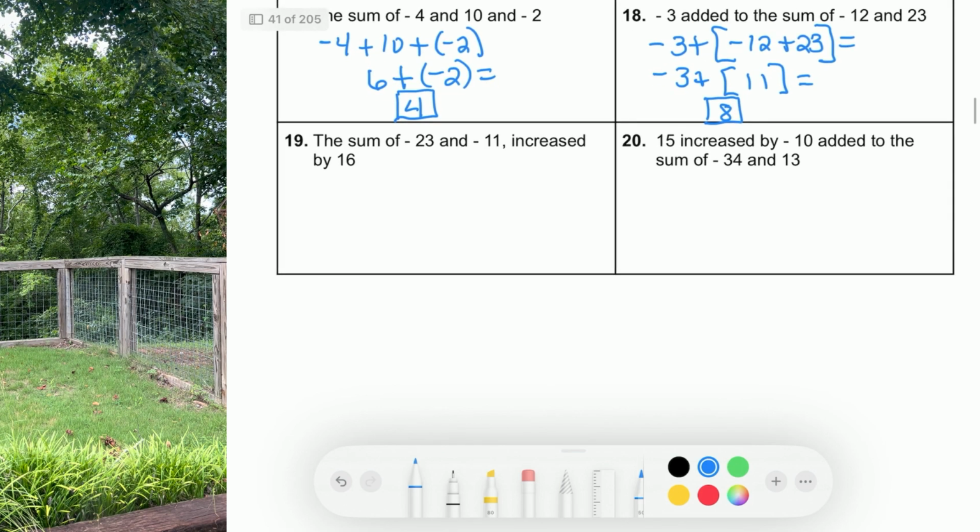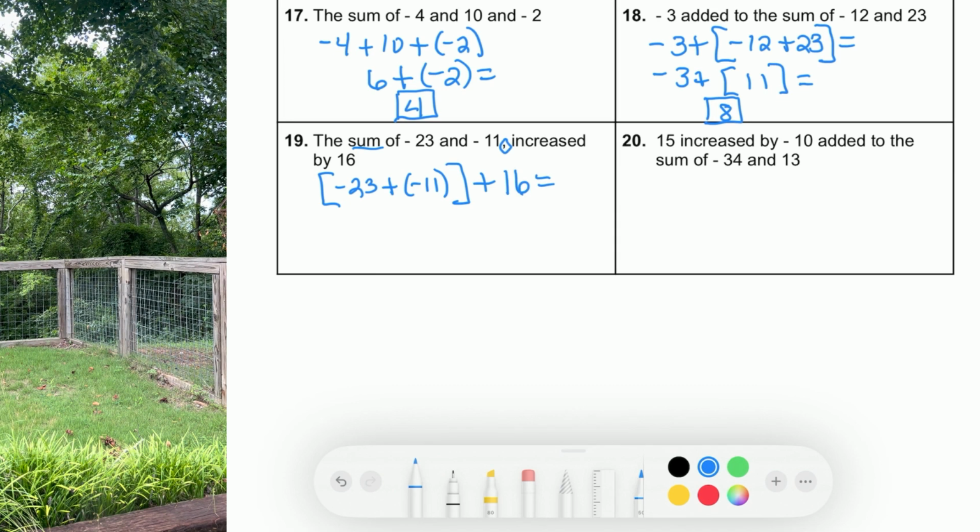19. The sum of negative 23 and negative 11, increased by 16. Notice the comma, and also notice the sum of. So the sum of negative 23 and negative 11 increased by 16.